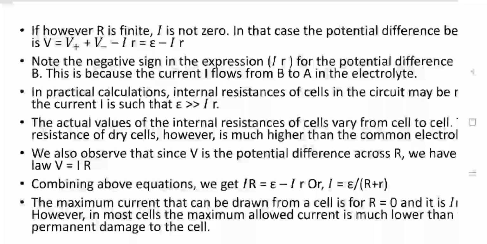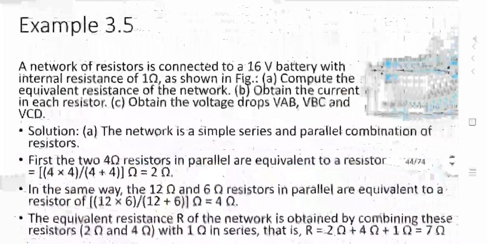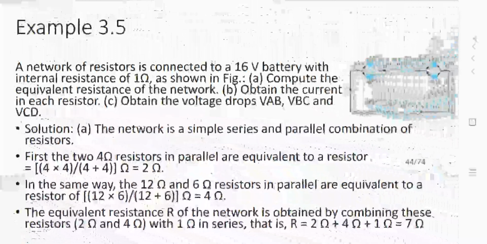This maximum current flows through the internal resistance, so it won't be infinite, but a maximum finite value, epsilon by r. This equation is there to prevent permanent damage to the cell. If maximum current flows through it, the cell will be damaged permanently.